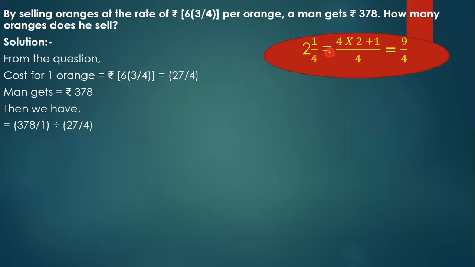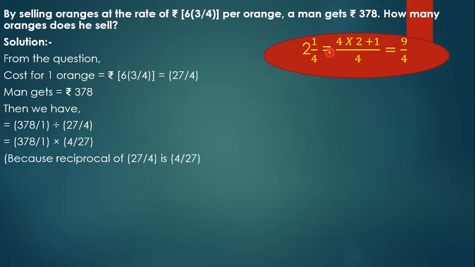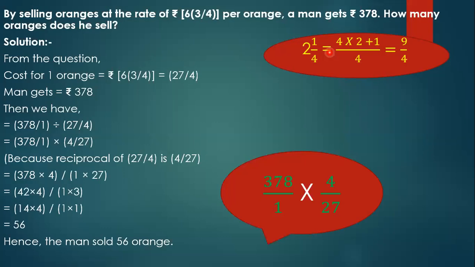Simply we'll divide 378 by 27 by 4. Children, now see, 378 is a whole number, can be written as 378 by 1. Division will get changed into multiplication. 27 by 4 reciprocal would be 4 by 27. How will we cancel out? 27 and 42 both they get cancelled by 9.